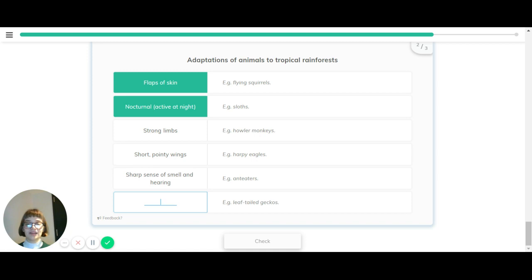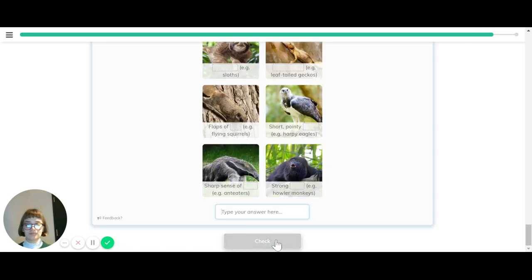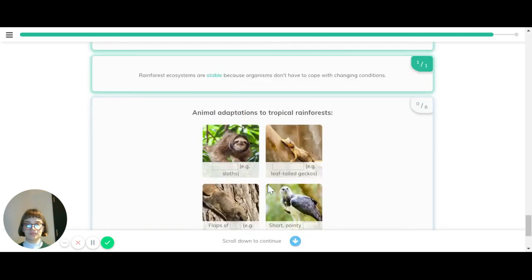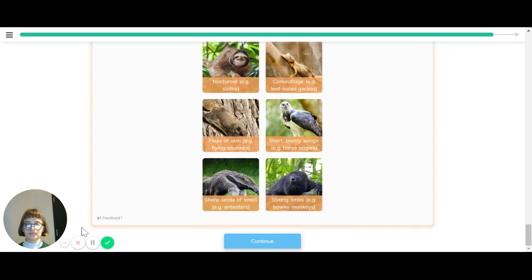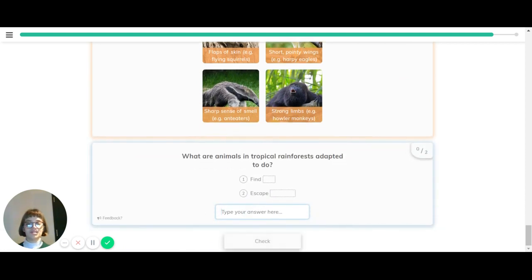Anteaters have a sharp sense of smell and hearing, and leaf-tailed geckos are very good at camouflage. What are animals in tropical rainforests adapted to do? Well, there's two things: find food and escape predators.